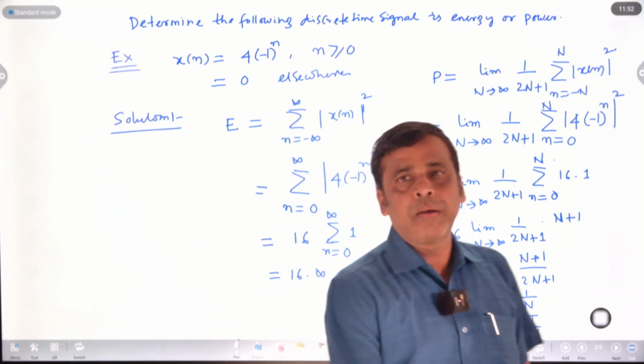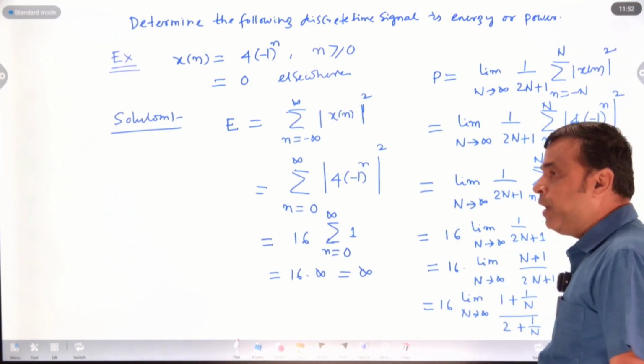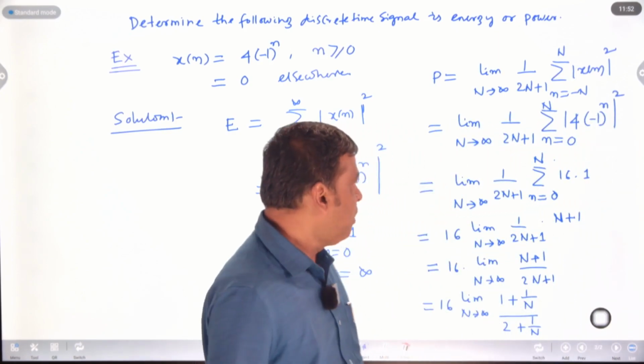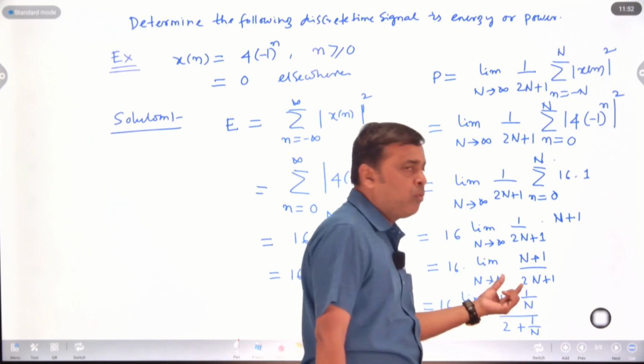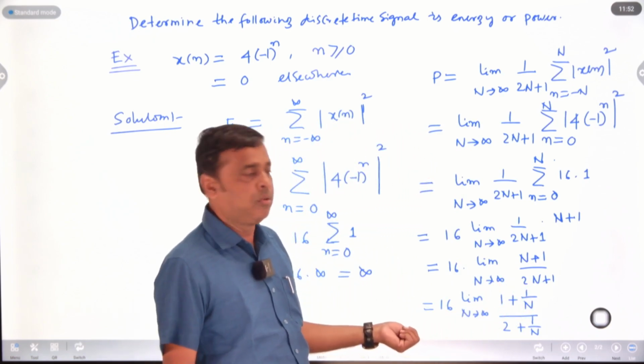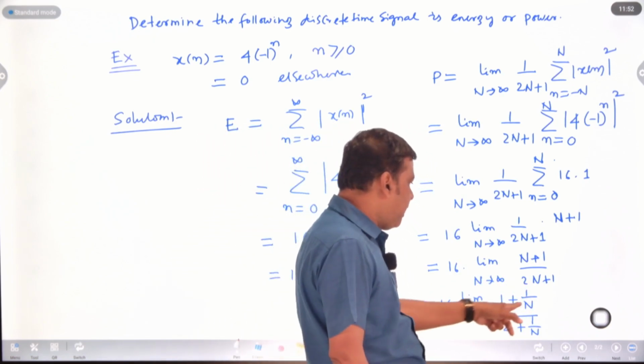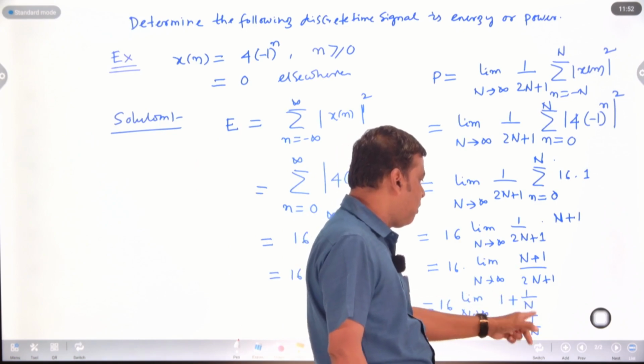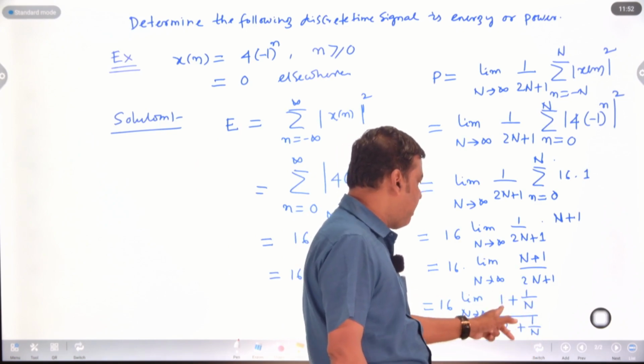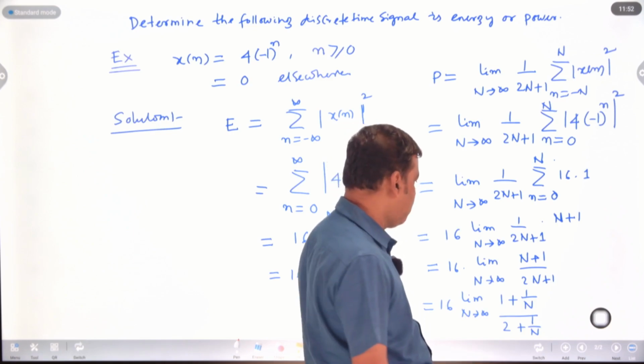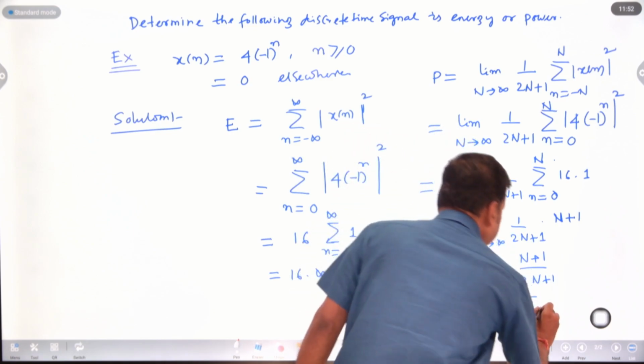As you know that 1 by infinity equals 0 if N tends to infinity, so we try to keep this form. If you put N equal to infinity, 1 by infinity is 0 here, and here also 1 by infinity is 0, so the value will be 1 by 2.